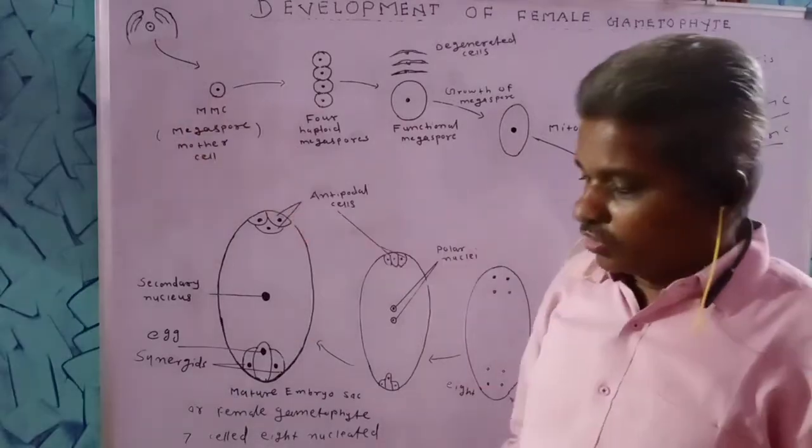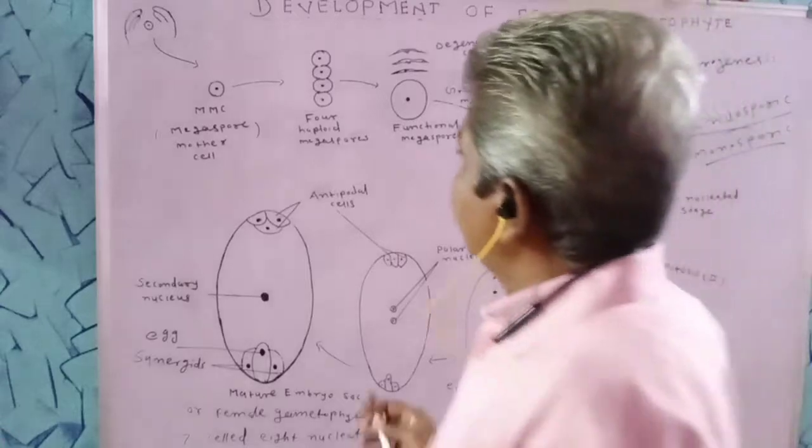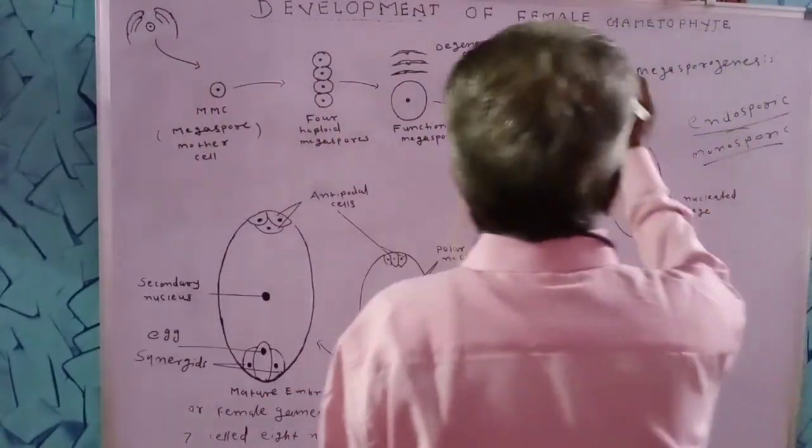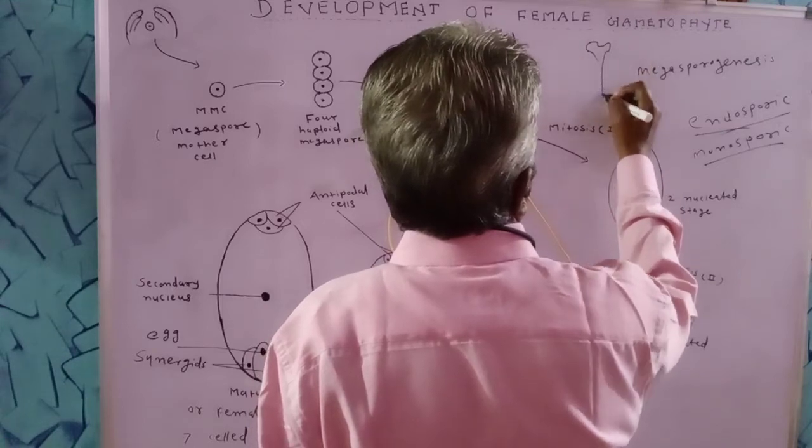Now, these ovules lie in the ovary. So, what is the ovary? The ovary is the part of the carpel or gynoecium.